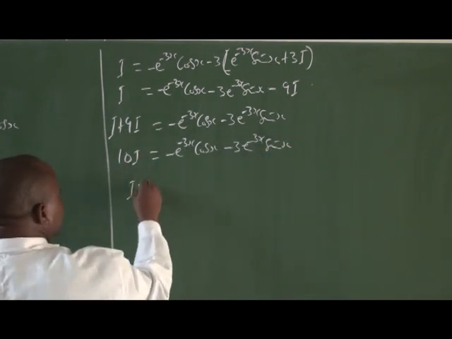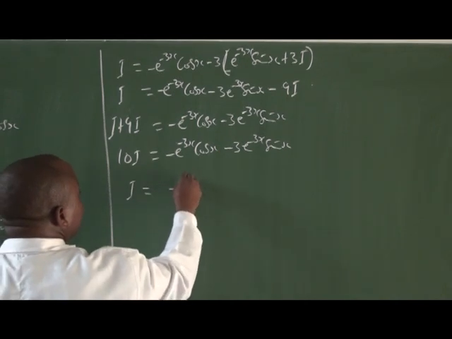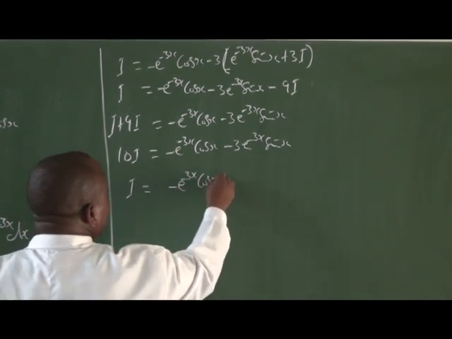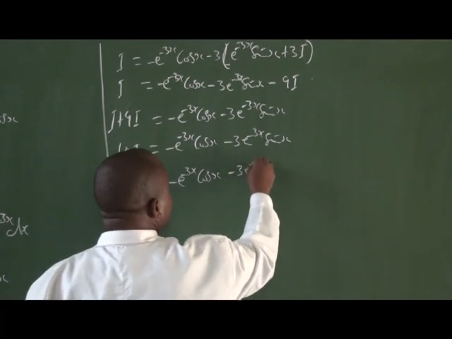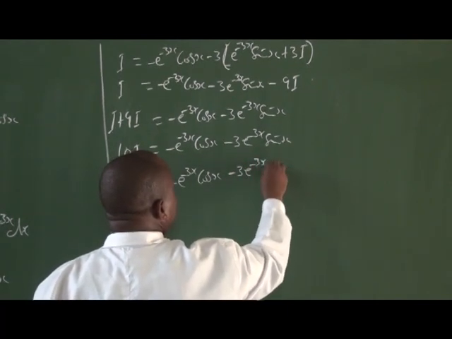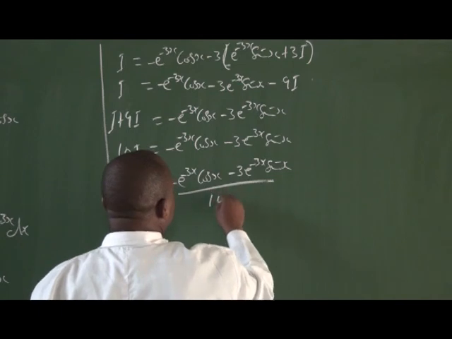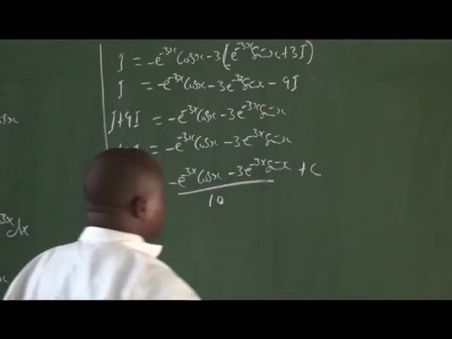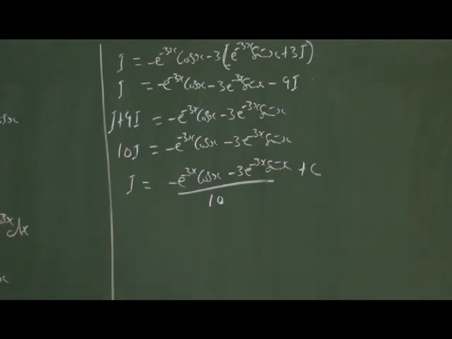So I becomes minus exponential minus 3x cos x minus 3 exponential minus 3x sine x over 10 plus c. So this is how that one can be integrated. It's a very simple matter.